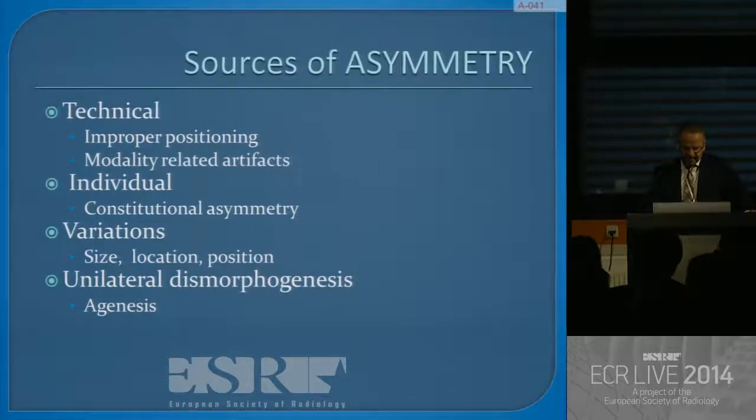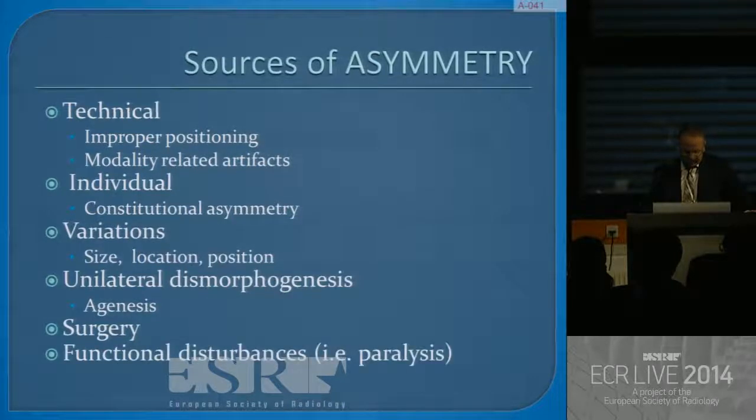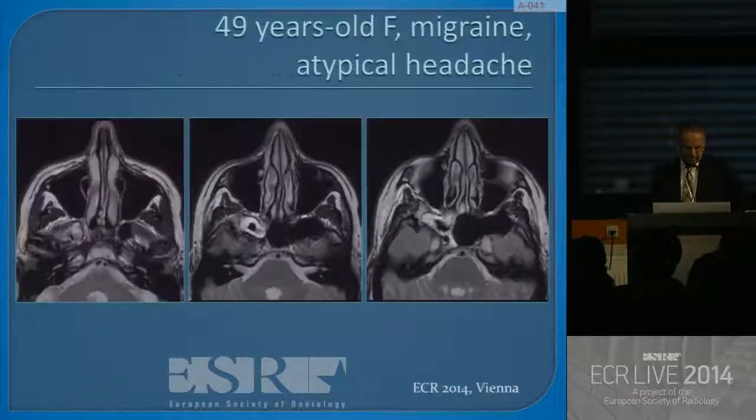Agenesis or unilateral dysmorphogenesis is another source. Surgery is a similar source to the previous one. Functional disturbances, paralysis, may be another source, and foreign bodies may be another source of asymmetry, which may hinder our interpretation.